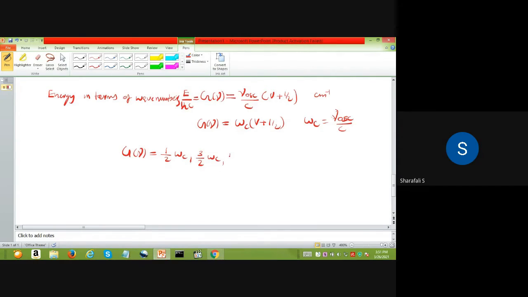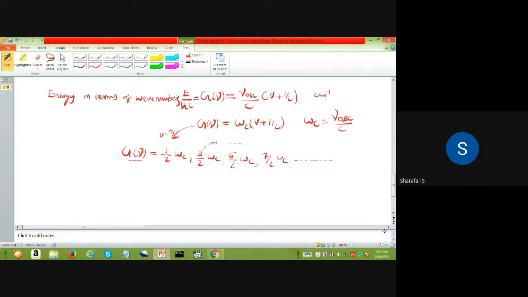The next is 5 by 2 omega c, 7 by 2 omega c, and so on. So this is at V equal to 0, similarly V equal to 1, V equal to 2, etc. So the energy in terms of wave number will be 1 by 2 omega c, 3 by 2 omega c, 5 by 2 omega c, 7 by 2 omega c, like that.